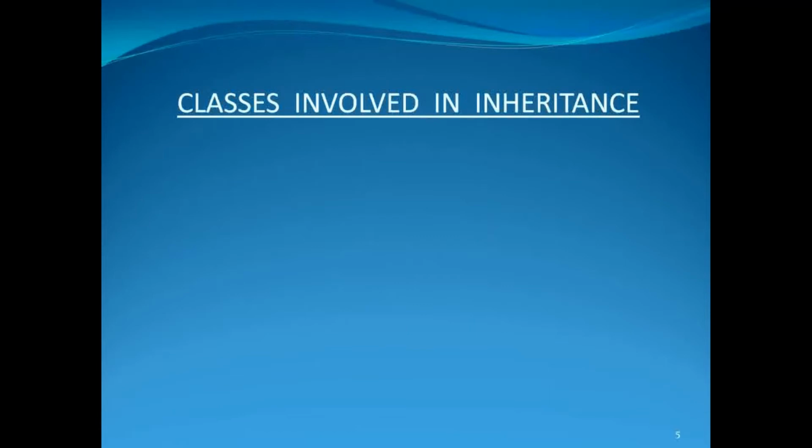By the definition, it is quite clear that two classes are involved in inheritance. Yes, they are the parent class and the child class. The class whose properties or fields and methods are inherited is called the parent class.